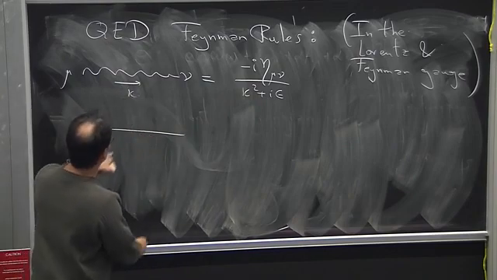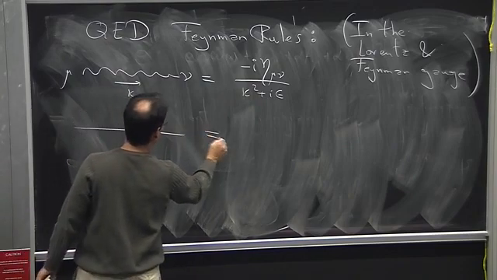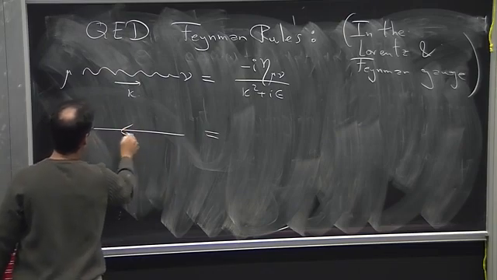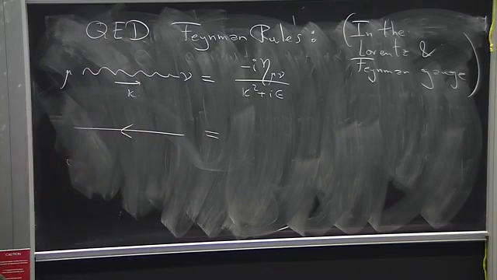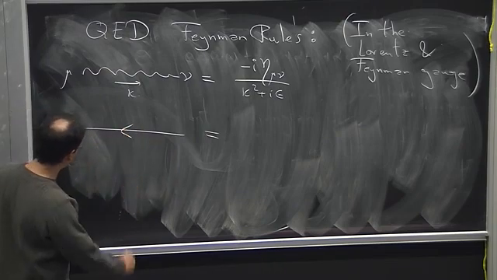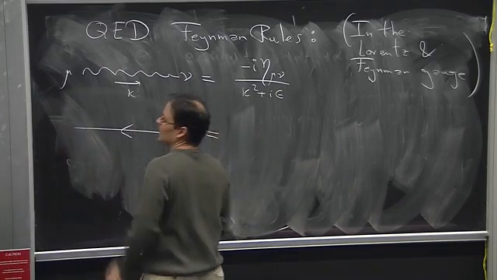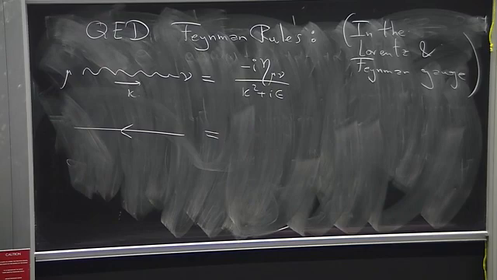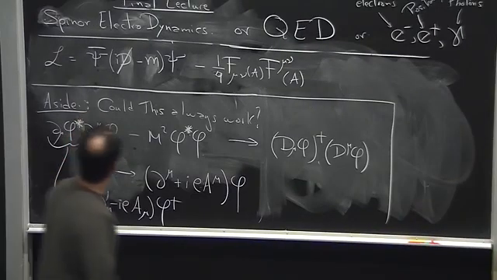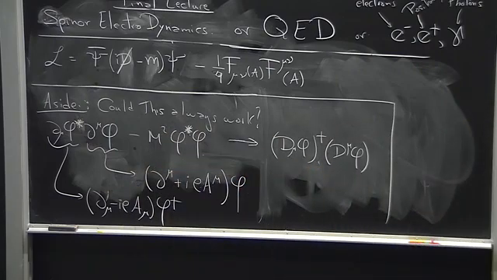Once again, let's see if I get it right this time. So if I get an electron line, or an electron-positron propagator, what am I supposed to write? Actually, people don't usually denote the mass of the electron with a capital M. It's a small m. Sorry about that. It's just terminology. So what do we get?